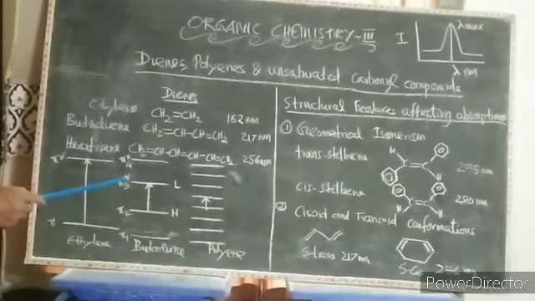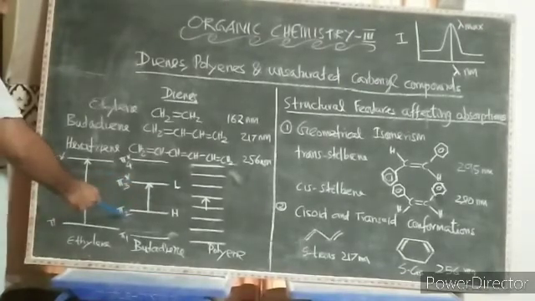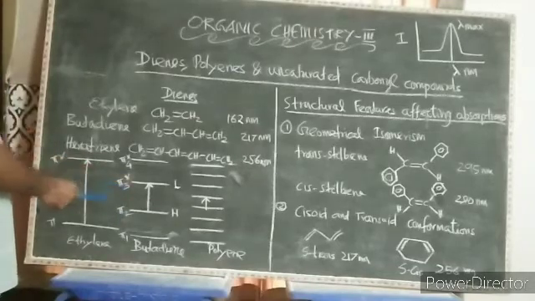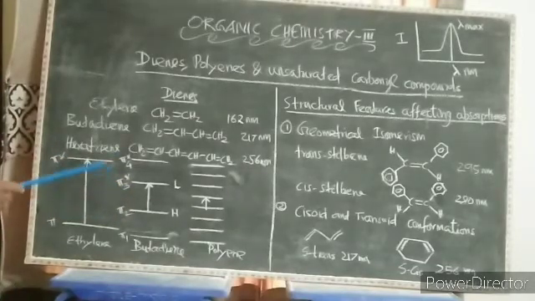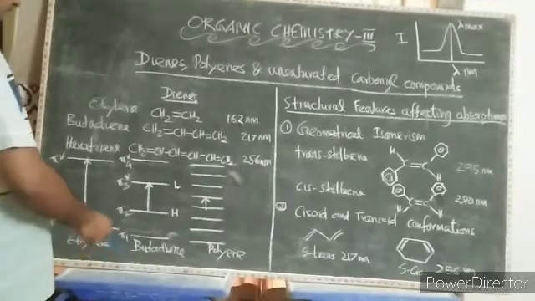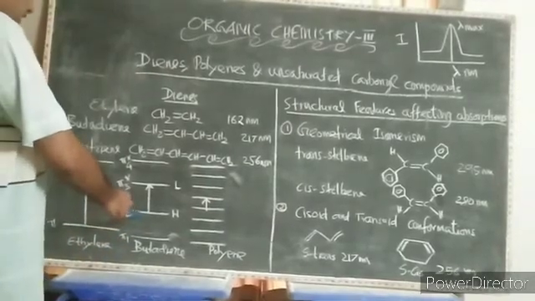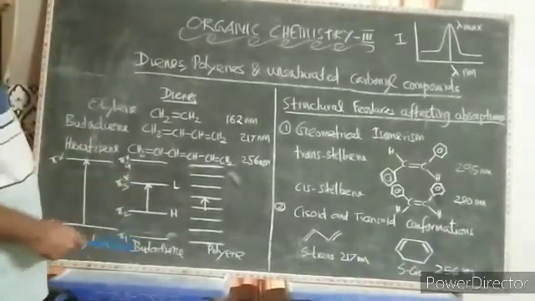So it is very easy to excite an electron from pi 2 to pi 3 star, because pi 2 is a HOMO here, that is highest occupied molecular orbital, and pi 3 star is LUMO here, that is lowest unoccupied molecular orbital. So as electrons were excited from pi to pi star in the case of ethylene, in the case of butadiene, the electrons are excited from pi 2 to pi 3 star.